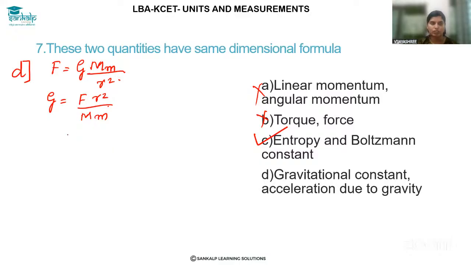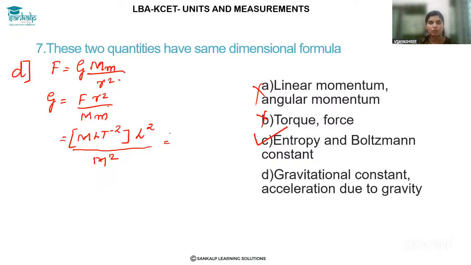Force is the dimensional formula we have already seen: MLT⁻² into r², which is distance square, so we take L², divided by M into m, which is mass square, so M⁻². Simplifying this, if this M raised to 2 goes to the numerator, it becomes M raised to minus 2.